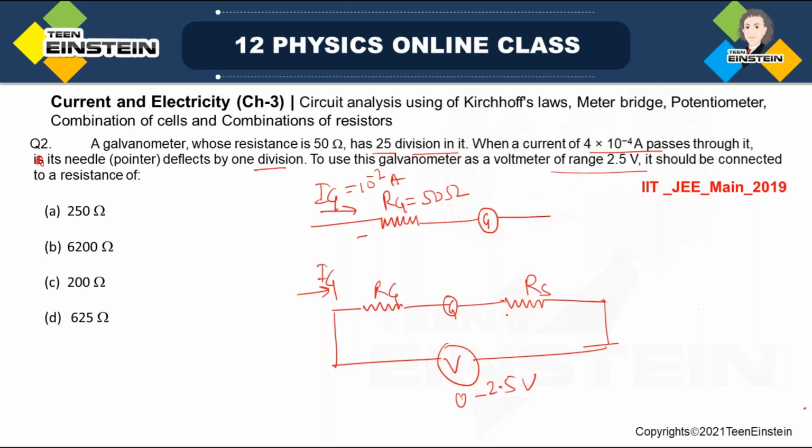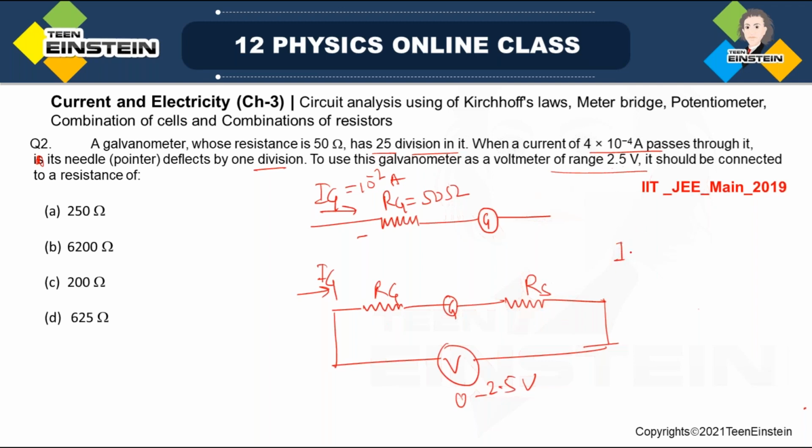To use a galvanometer as a voltmeter, we first connect a high resistance in series with the galvanometer, and the total voltage drop across the galvanometer and the series resistor gives you the range.